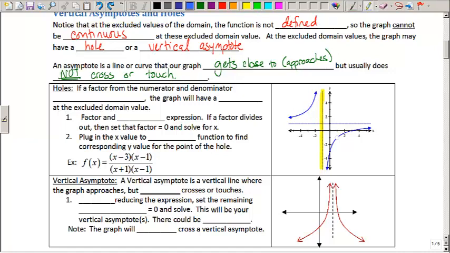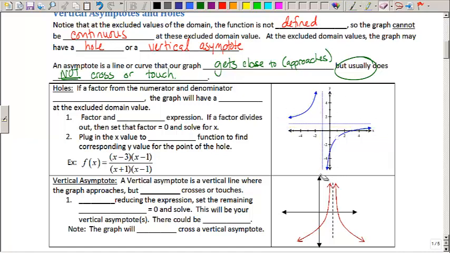Similarly, we have a horizontal line right here, and it does the same thing. Your graph is getting really, really close to it, but it won't ever cross or touch. And actually it says usually doesn't cross or touch, because there is one counterexample of them.